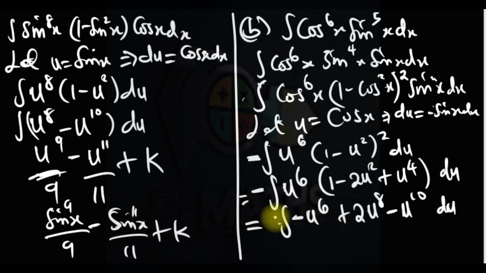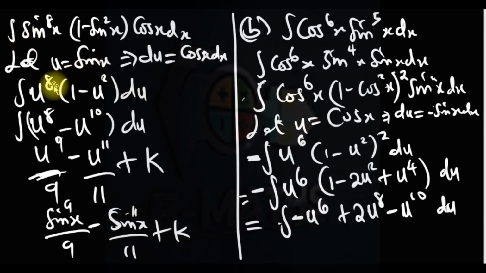So we now integrate. So this is minus u raised to power 7 over 7 plus 2u raised to the power 9 over 9 minus u raised to the power 11 over 11 plus k.